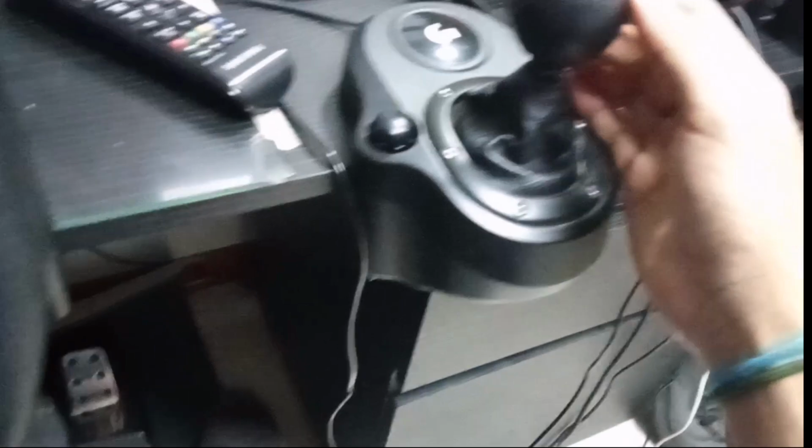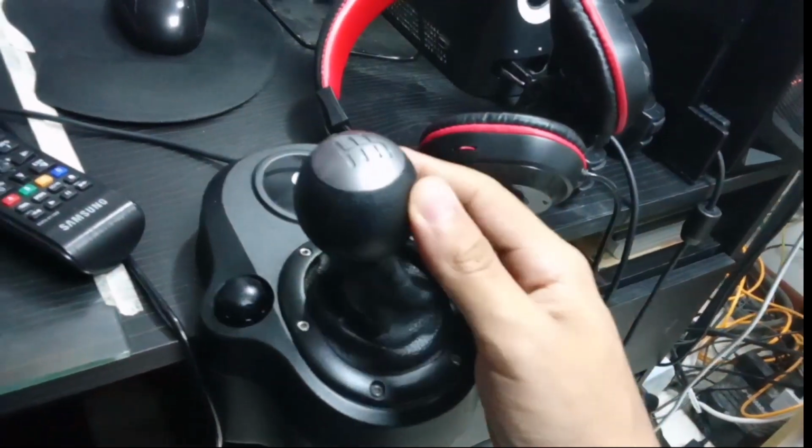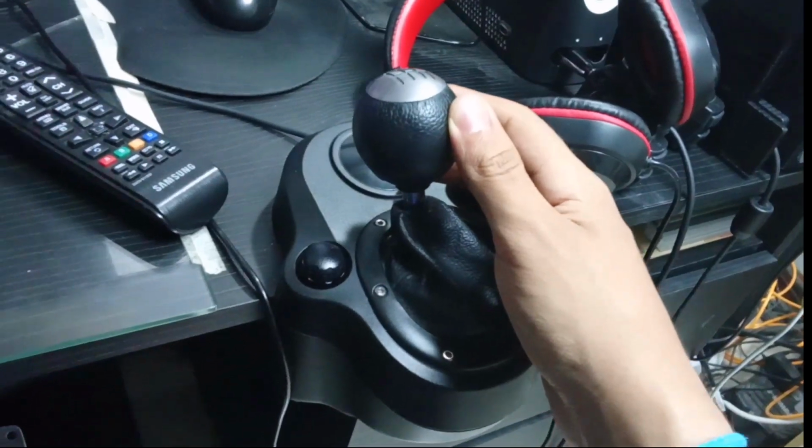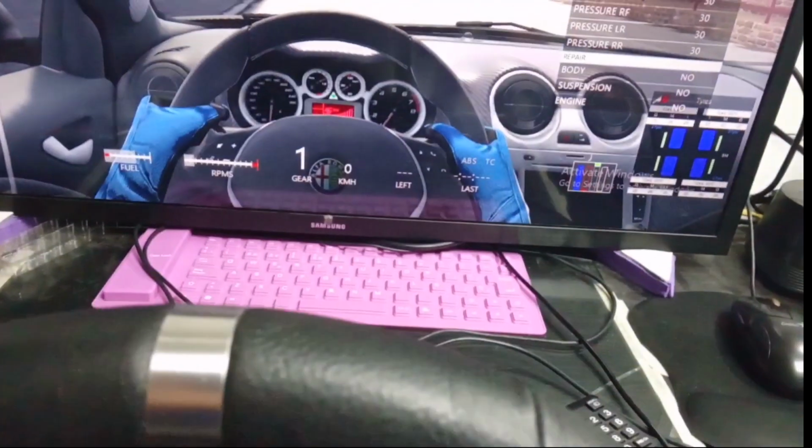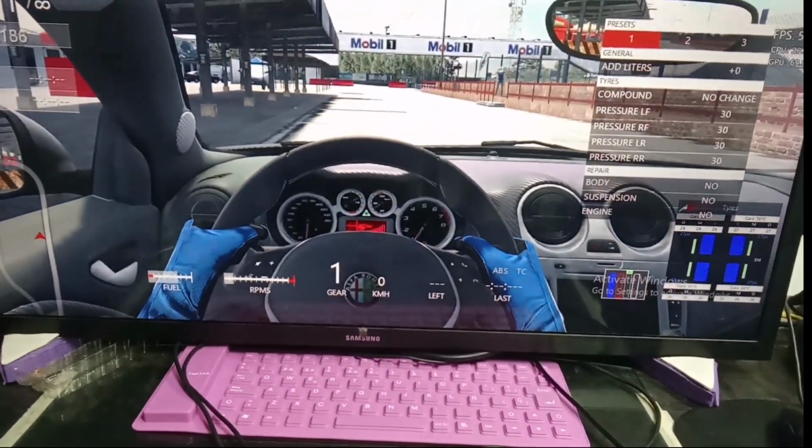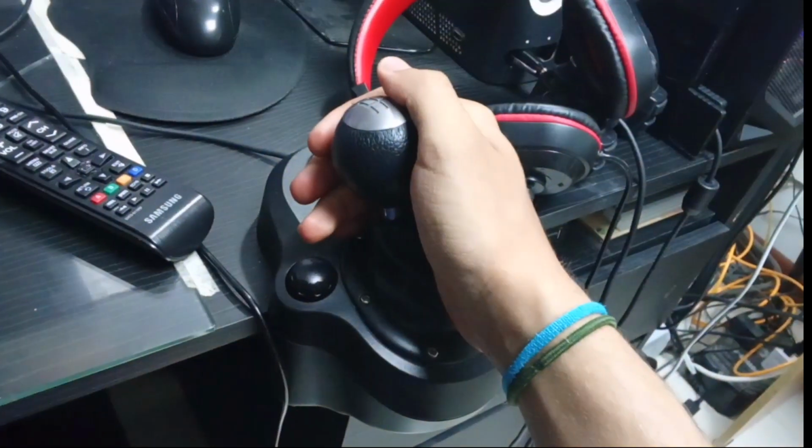And I recommend that always, if you are stopped and you have no handbrake, you keep pushing the brake. Then you push the clutch and put first gear. And always when you make another change, and also if you are stopped, you have to be pushing the clutch, as you can see.